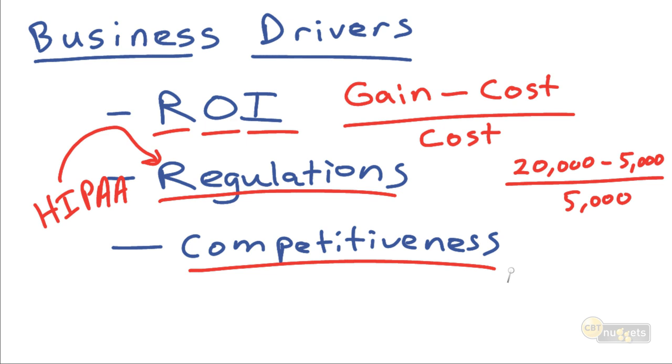And the more competitive businesses become with each other, the more organizations will look to their networking capabilities and see if they can squeeze more efficiency and more ROI out of their organization to improve the bottom line. So things are more competitive in business than ever, and we see that being another business driver in modern network designs.